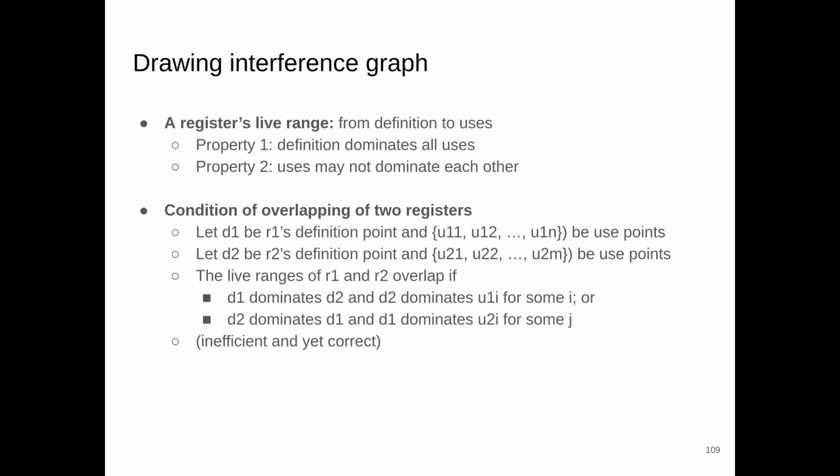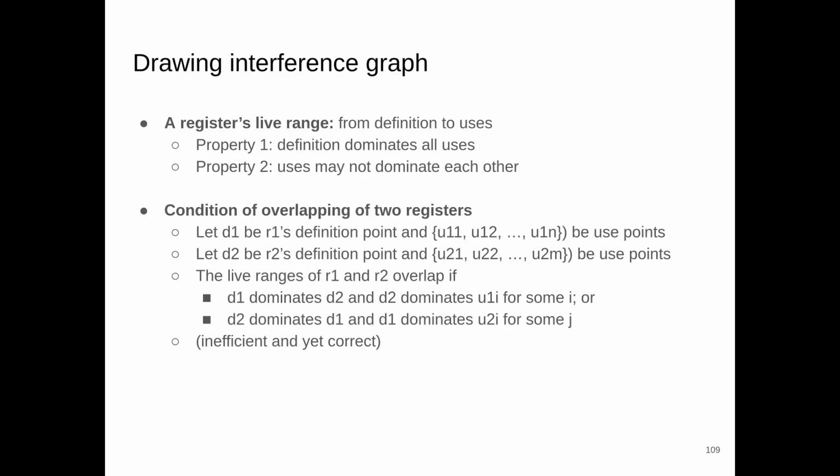And from the SSA property, we know that the definition dominates all its uses. So the use is always later than the definition, and we can say it is from definition to uses.